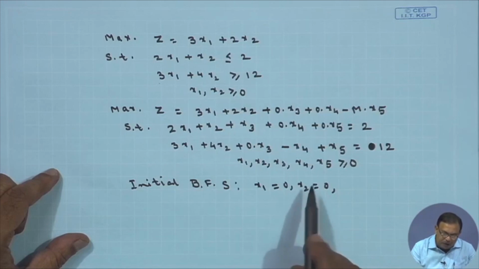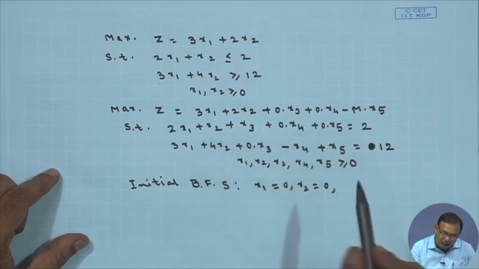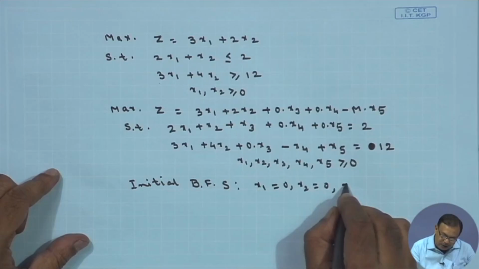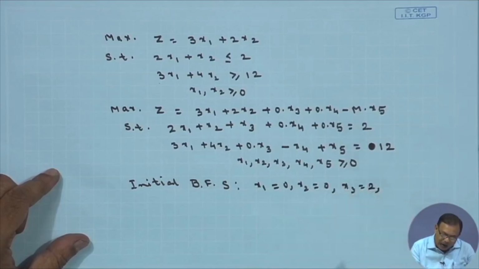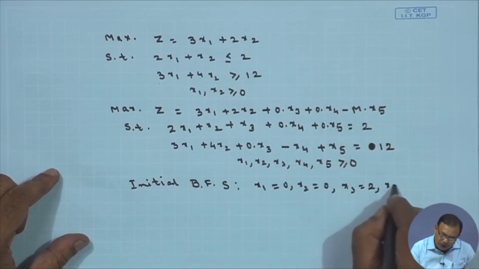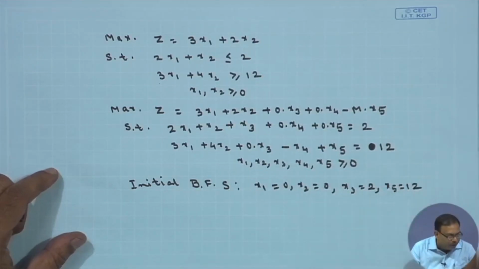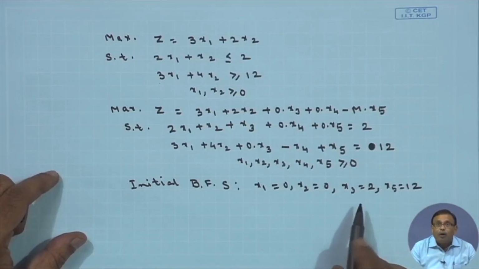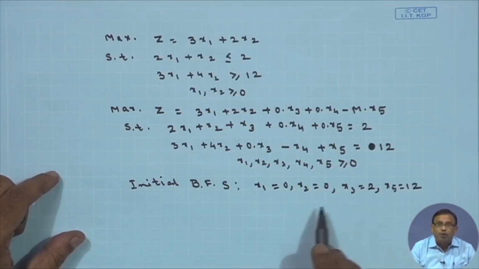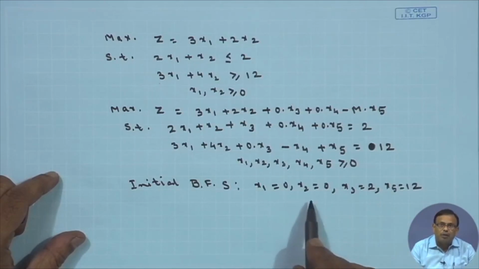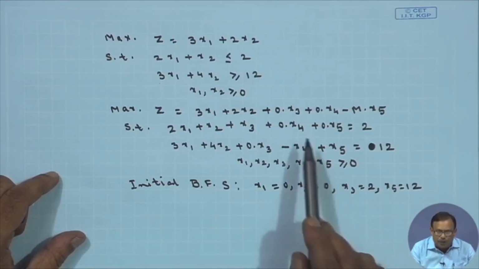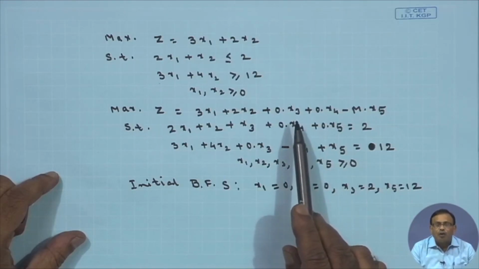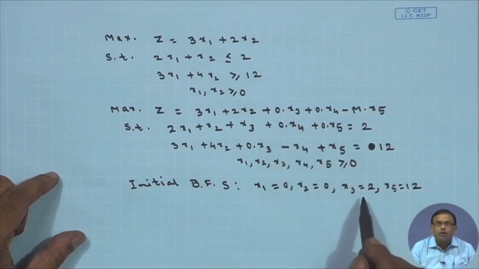If we substitute this in the first constraint, you will obtain x3 equals 2, and in the second constraint if you put it, you will find x5 equals 12. So, basically your initial basic feasible solution is this one. By substituting original decision variables equals 0 and then putting these values in the constraints, you will obtain the values of the other variables.